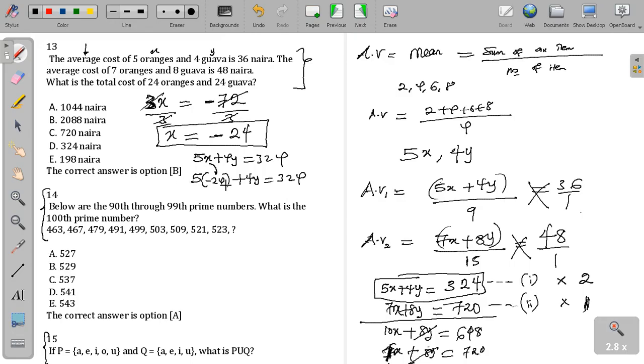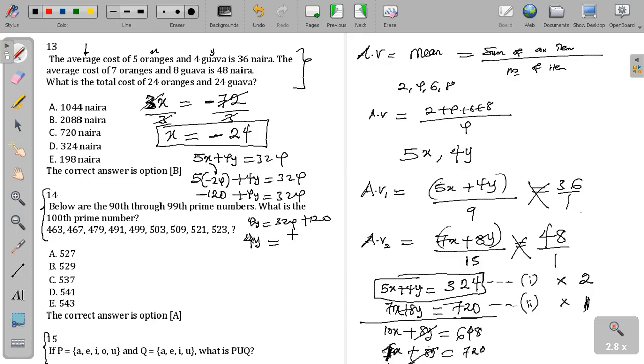So 5 times minus 24, that will give us what? 120, minus 120, right? Then plus 4y equals to 324. This one will go to the other side. That's plus 120. And then I have 4y is equals to 324 plus 120.